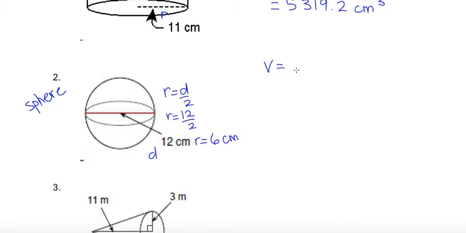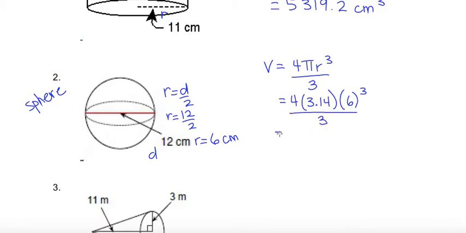So the volume of my sphere is 4 pi r cubed divided by 3. So I'm going to do my substitutions. So 4 times 3.14 times 6 to the power of 3 divided by 3. I can multiply my first two numbers together in my numerator. 4 times 3.14 gives us 12.56.